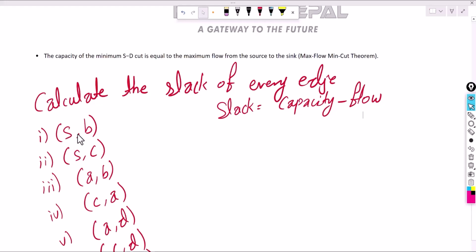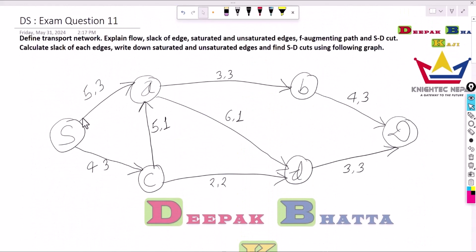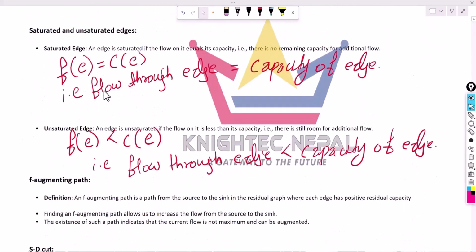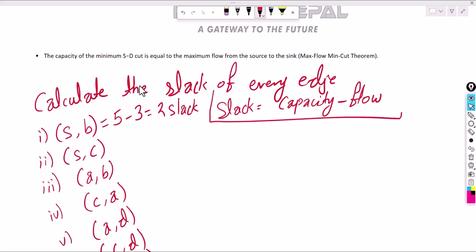We need to write it down from over here. So S to A has 5 as capacity and 3 as flow. So write down here 5 minus 3 equals 2 slack. So this is our formula.